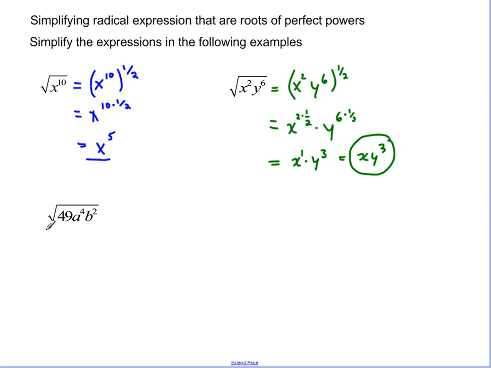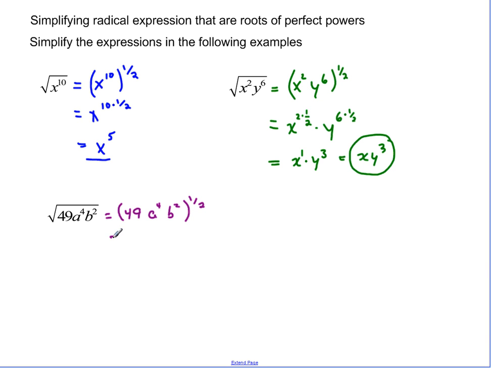Okay, one more. The square root of 49 a to the 4th b to the 2nd. Well, it might be helpful here to rewrite this and say, well, again, we've got 49, times a to the 4th, times b to the 2nd, raised to the 1/2 power.